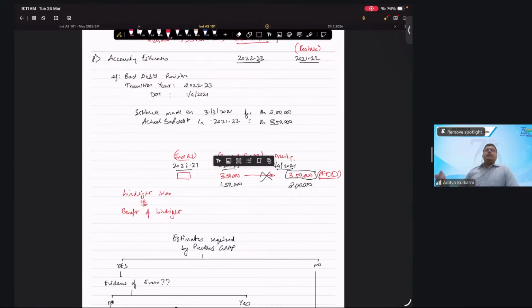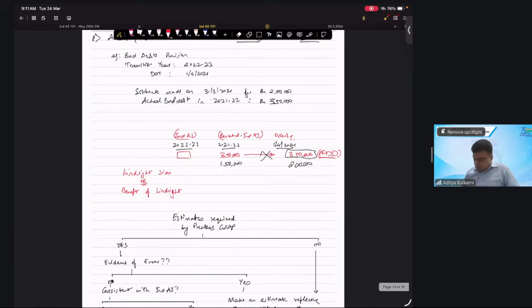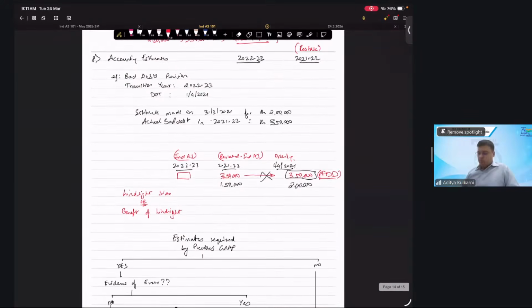Suppose I come across an item for which my estimates have gone a little haywire in the current year. When I'm restating retrospectively, I want to change that estimate at that point of time. Ind AS 101 says you cannot do that. Why? Because that is a hindsight bias that you are introducing in the financial statements, which is not right. So, what does it mean?